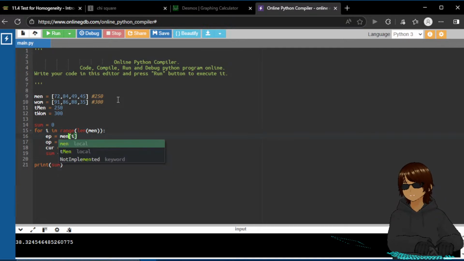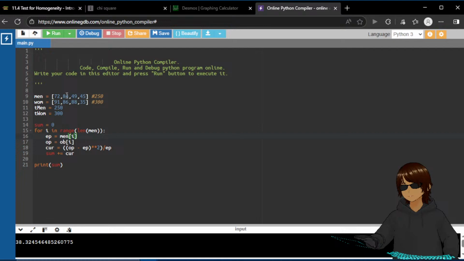So we calculate the expected, which is the sum, which is total men times this divided by the total, right? 250 divided by this. This is the expected frequency.